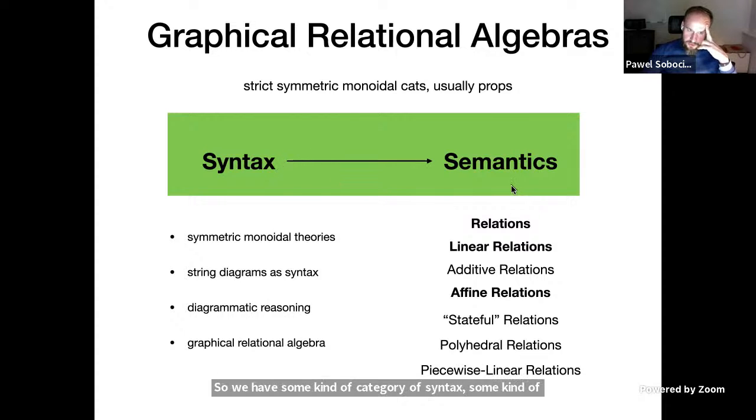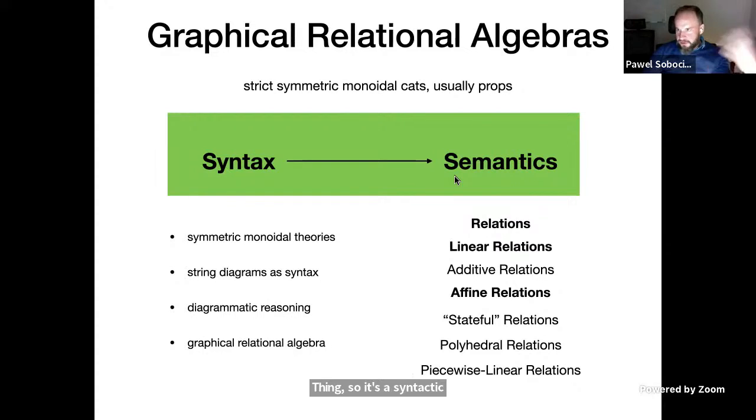For me in this talk, these are symmetric monoidal categories. And typically the thing on the left will be some kind of string diagrammatic thing. So it's a syntactic thing. The thing on the right is a semantic thing. So maybe, again, linear relations, affine relations.